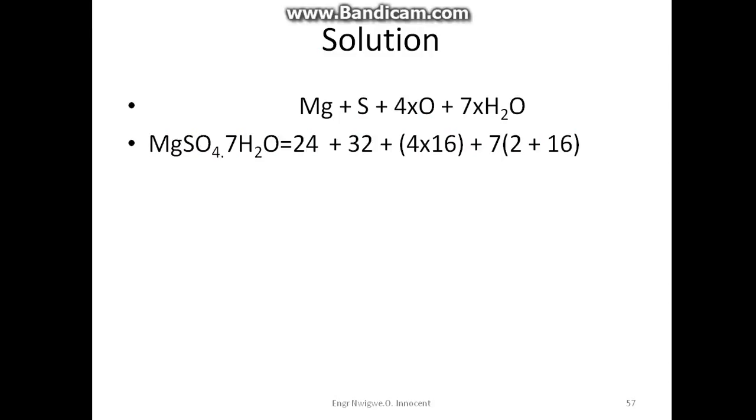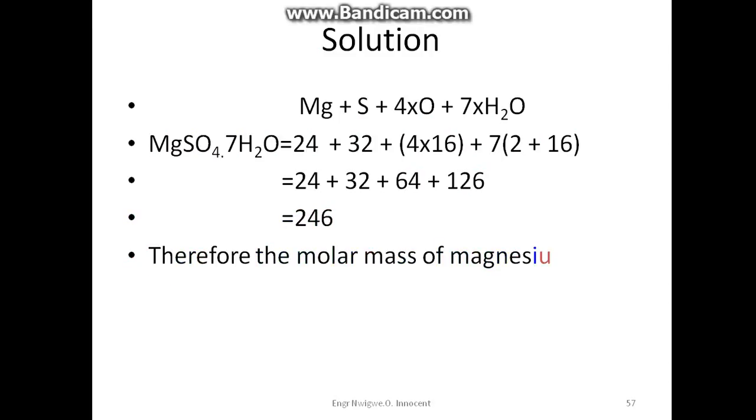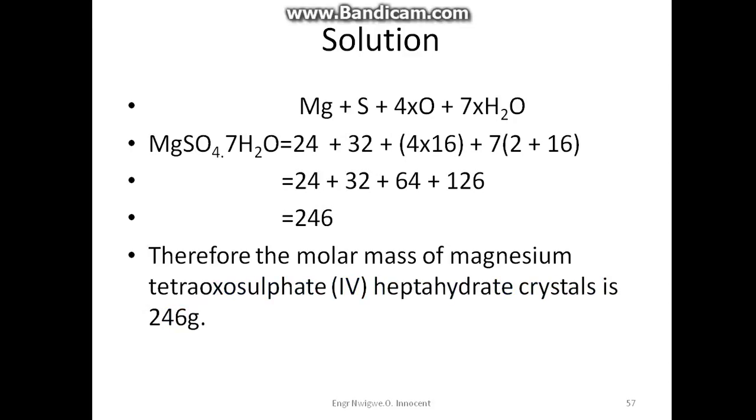The hydrogen has a molar mass of 2, while the molar mass of oxygen is 16. Since it is a heptahydrate, it will have 7 of them, so you multiply 7 by the water. Then when you sum up all the individual molar masses that make up that compound, you have 246. Therefore, the molar mass of magnesium tetraoxosulfate 6 heptahydrate crystal is 246 gram.